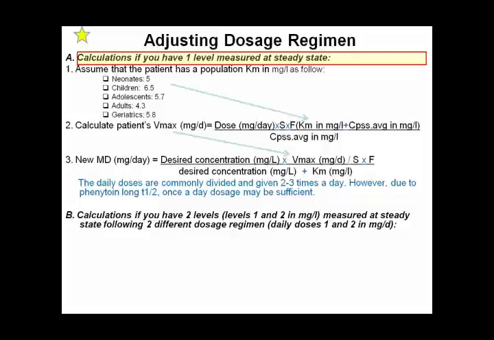Then you can use these two doses and these two levels that are measured to estimate better Km and Vmax for that patient. Then use this Vmax and Km to calculate a new dosage regimen that you may need to achieve the level of 12 that you want.